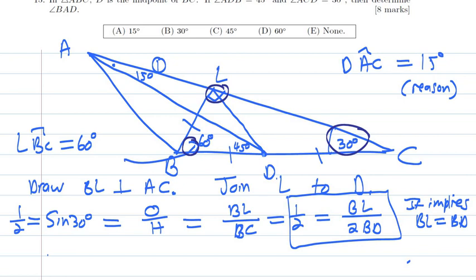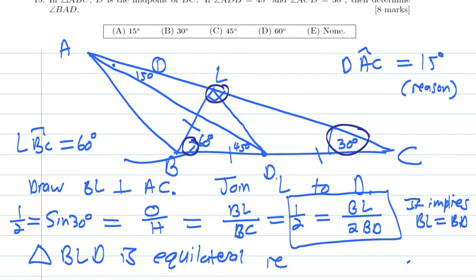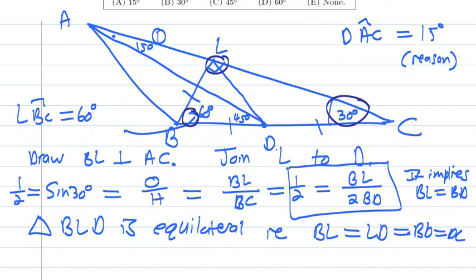BL is equal to BD. So actually we have the following: the triangle BLD is equilateral, i.e. BL is equal to LD is equal to BD, which is equal to DC. Look how cool this is.